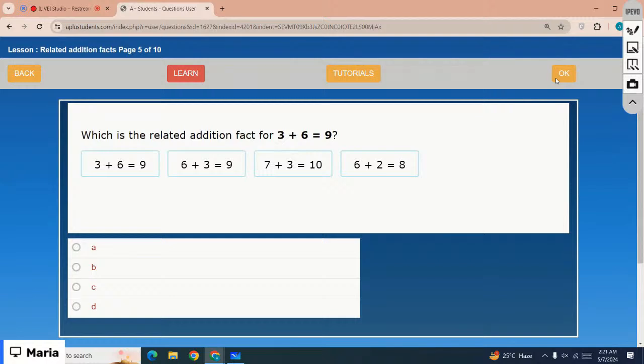The correct option is, that's option number B. That is option number B is the correct option.